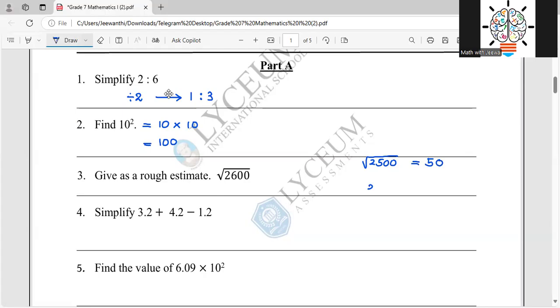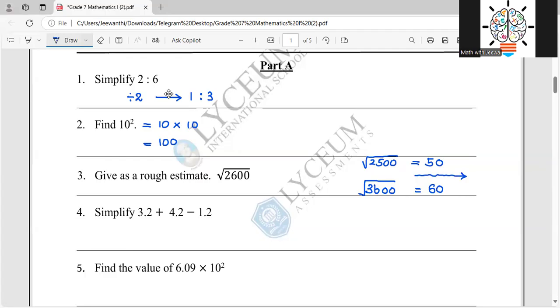If you take the square root of 3600, it is 60. So whatever value they are asking, 2600, it is in between these. We know the square root of 2500 is 50 and of 3600 is 60. So the square root of 2600 is in between 50 and 60.